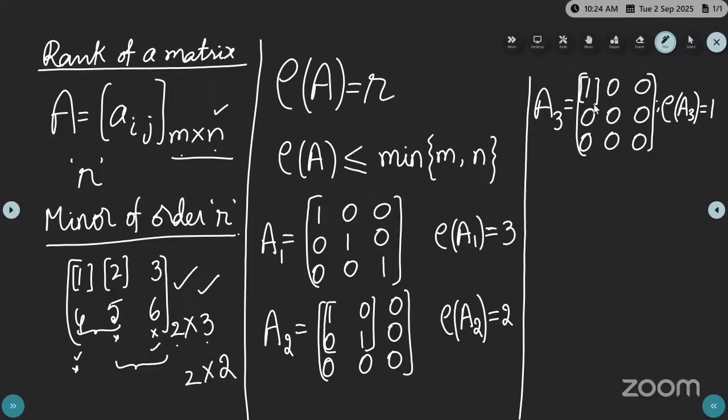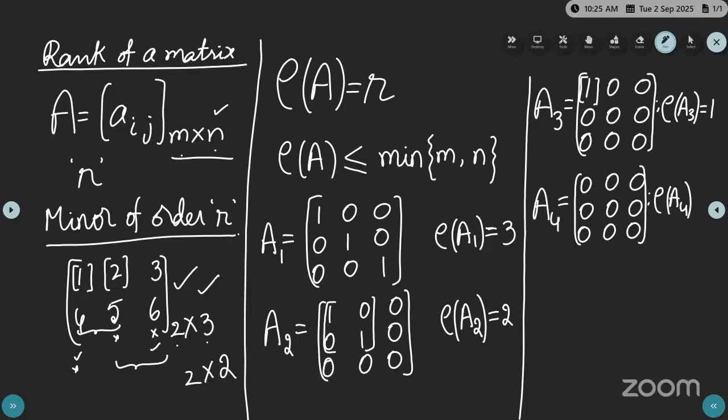That is enough. Now, if I write A4 as all zeros, what can you say about the rank of A4? All minors of order 3 are zeros, all minors of order 2 are also zeros. So the rank of A4 equals 0.